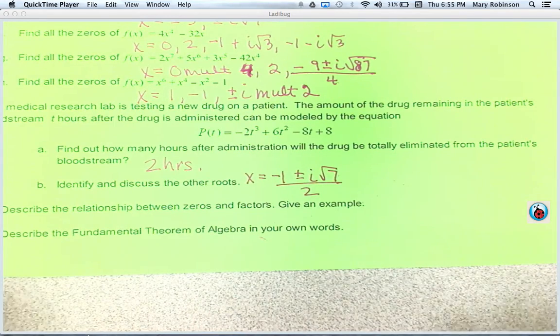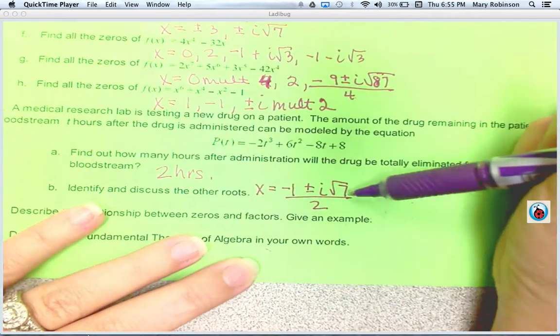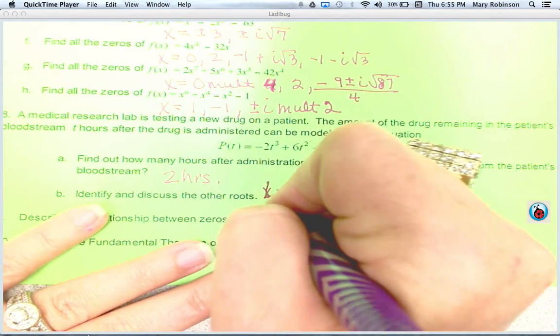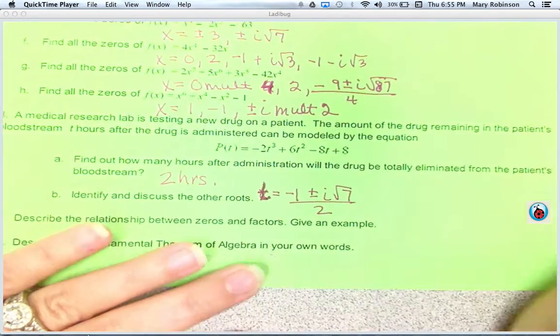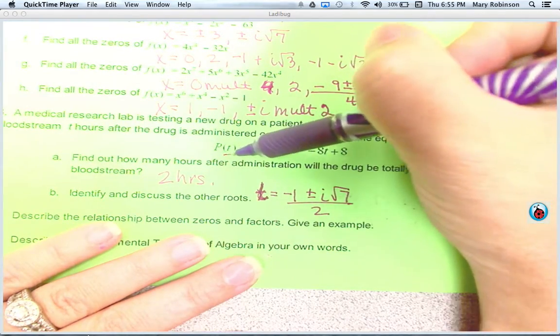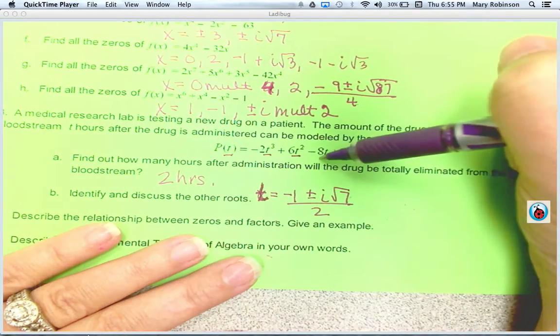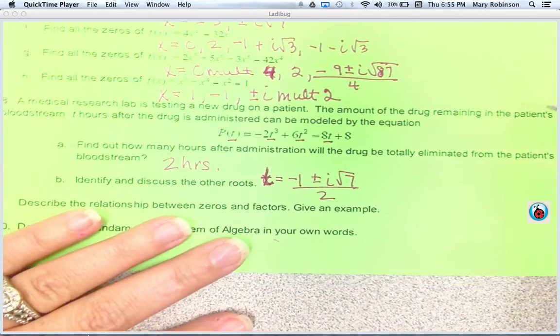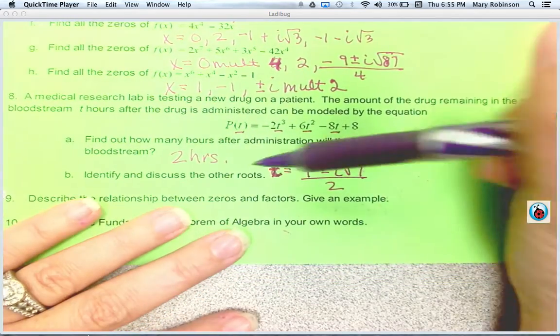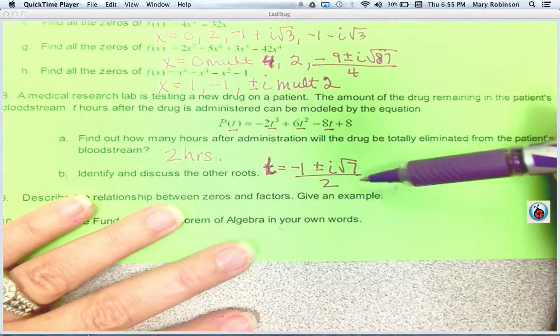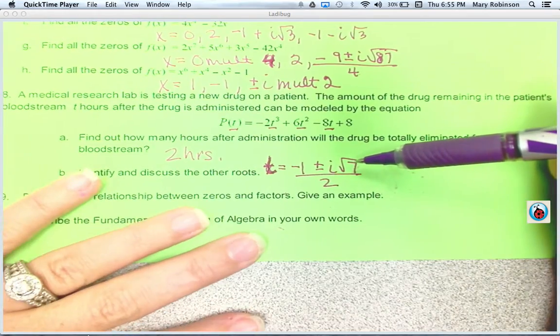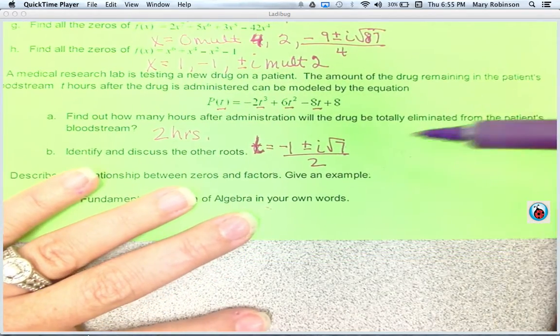But in terms of discussing this, we should understand that our t, or I should say t instead of x, time is our independent variable here. So when we're solving, we're actually solving for time. 2 hours makes sense, but an imaginary amount of time is not relevant, or it just doesn't make sense.